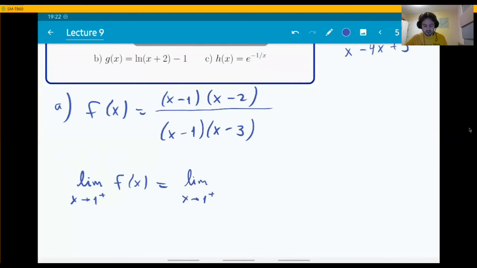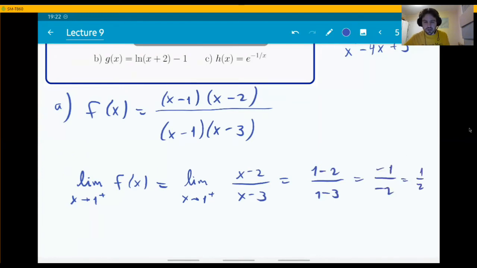That means you can actually cancel the x minus 1 factors when calculating this limit. And this gives you a finite number, actually. Turns out to be minus 1 over minus 2, so 1/2. But you don't really care about the number, because you found 1/2 here and not infinity.